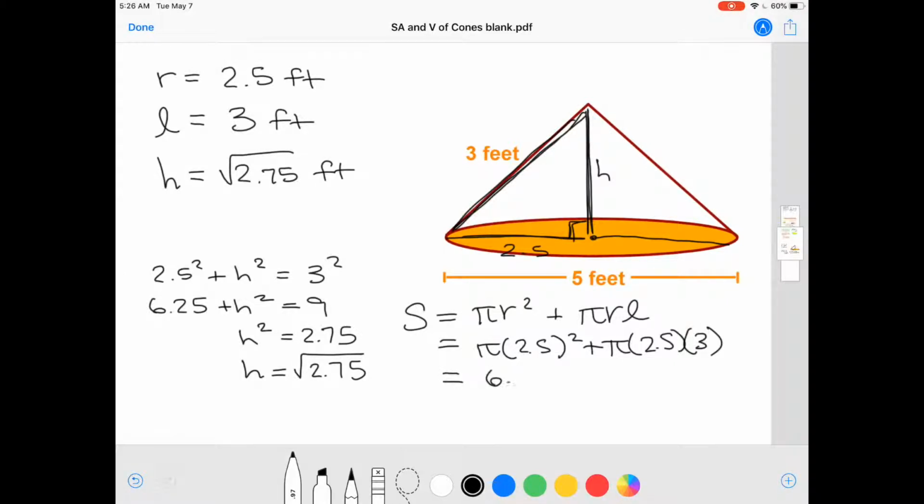So that's 6.25 pi plus 3 2.5s, so that's 7.5 pi. Trying to do everything in terms of pi so I'm not rounding too early. Alright, so if I add these together, I'm getting 13.75 pi.